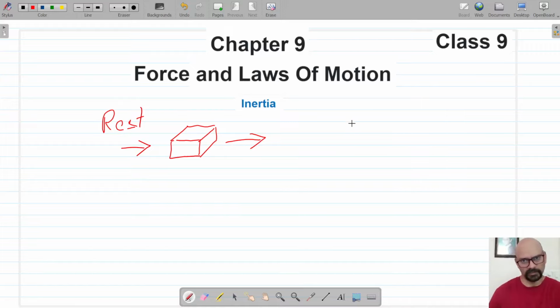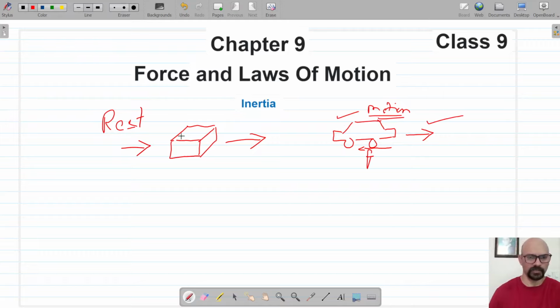And let's say there is a moving object, let's say this car. Now this car is in motion and it will continue to be in motion unless we apply brakes and the friction. If this is the moving direction, then the friction acts in the opposite direction that stops the car. So in both these cases, this object will continue to be at rest unless some external force is applied, and this object will continue to be in motion unless this force of friction acts in the opposite direction.